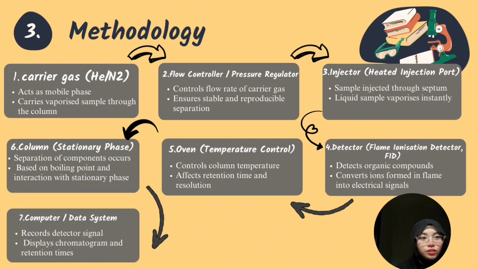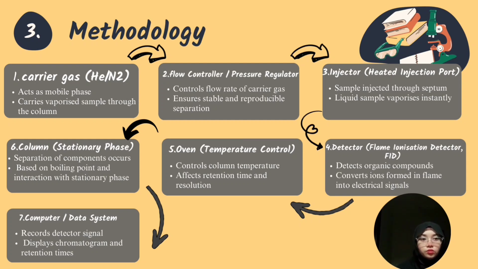This diagram shows the main components of the gas chromatography system. The carrier gas transports the sample through the system and its flow is controlled by the flow controller. The sample is injected into the heated injector where it vaporizes.